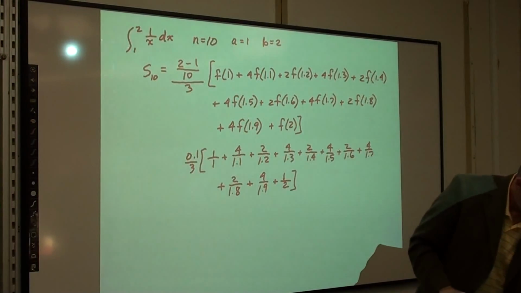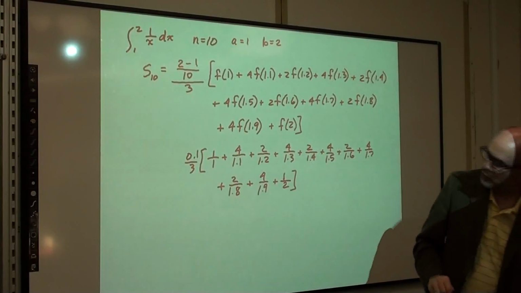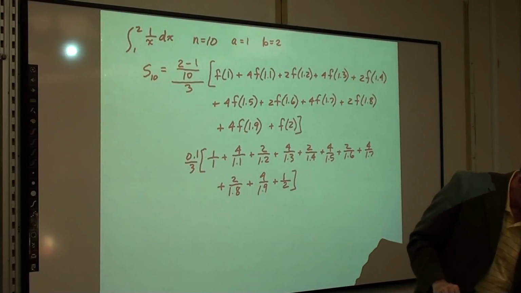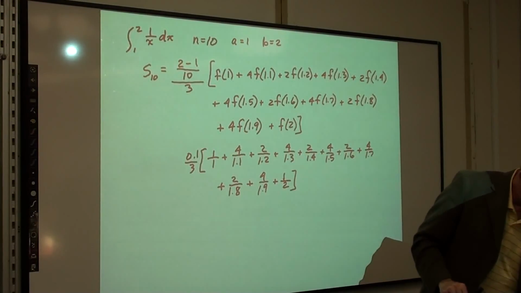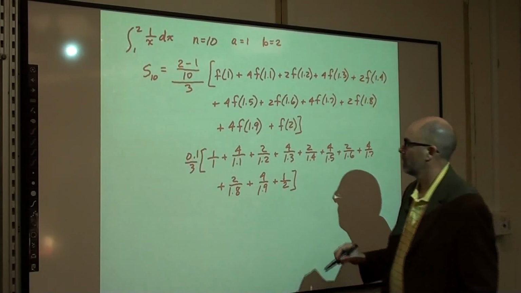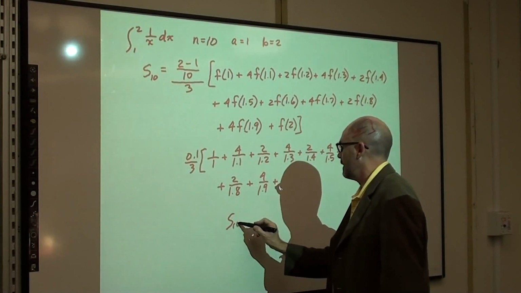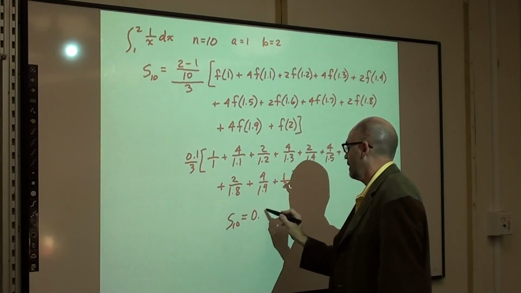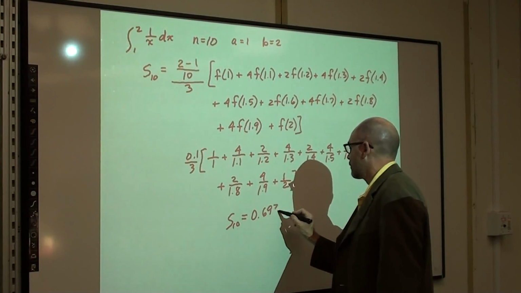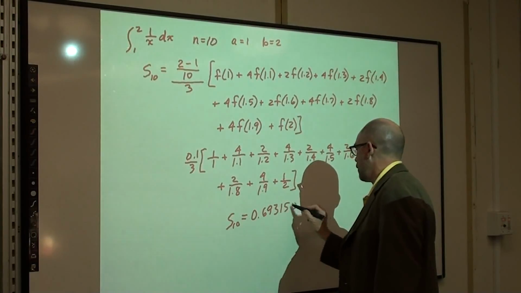Okay, and when we crank that out, we end up with 0.693150. So S sub 10 equals 0.693150.